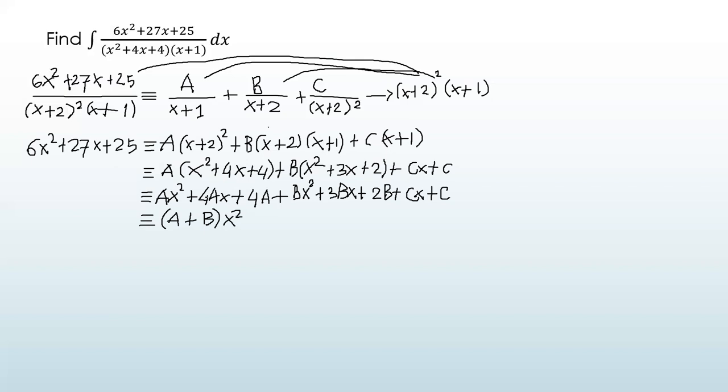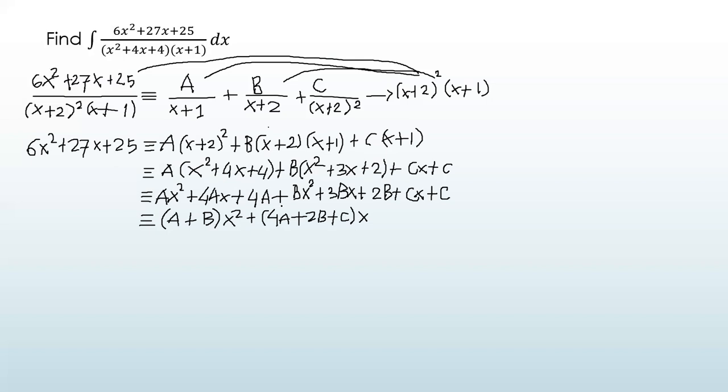And afterwards, 4ax, 3bx, and cx, which also factorize to 4a plus 3b plus c, times x. Okay.